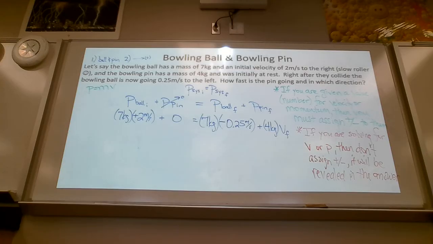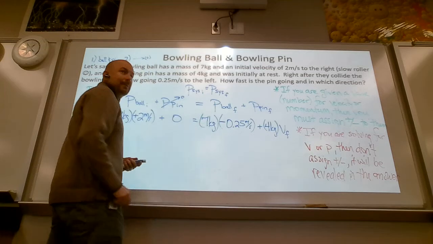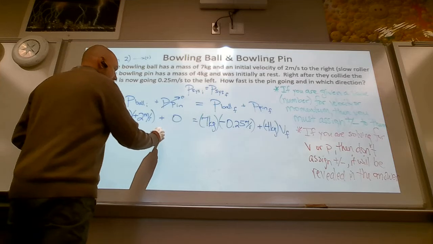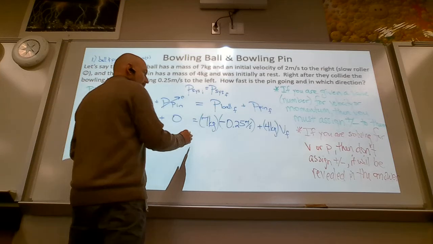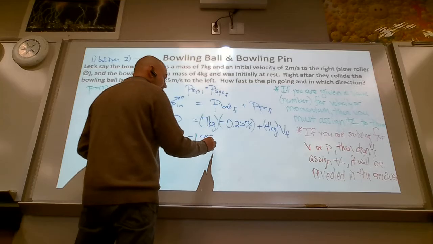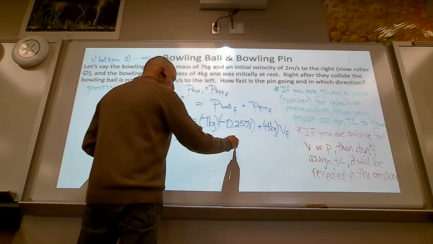Okay, that's the setup, and we just solve for it. This is as hard as it gets. So I've got 14 is equal to negative 1.75 plus 4 times the final velocity.